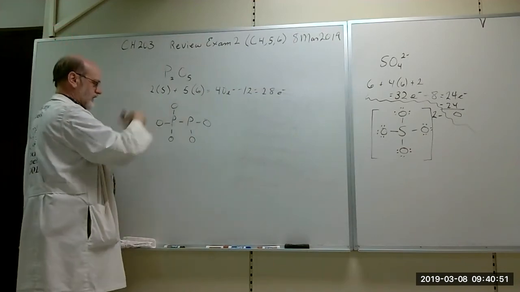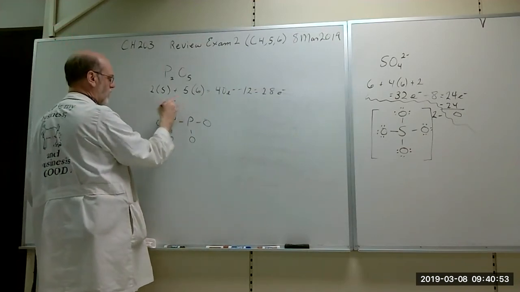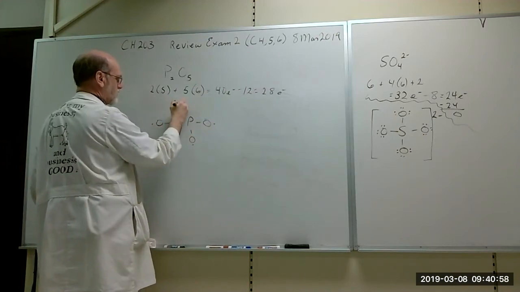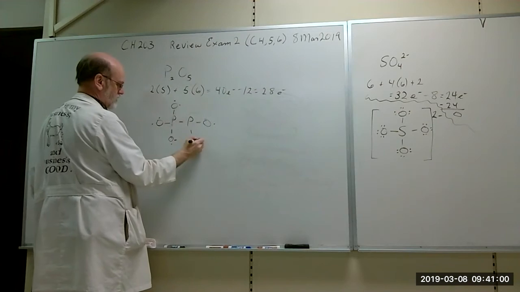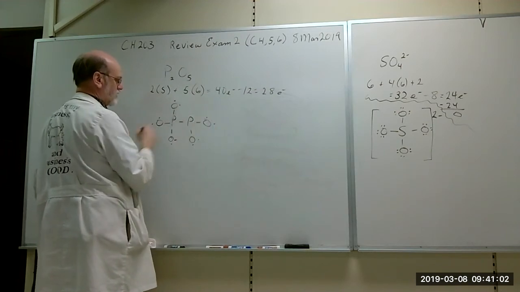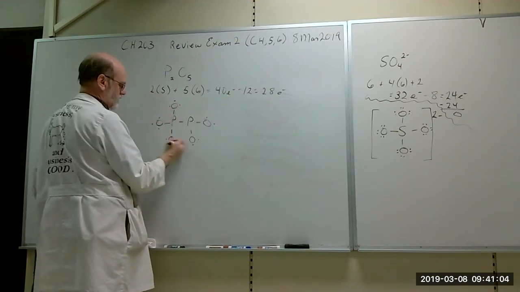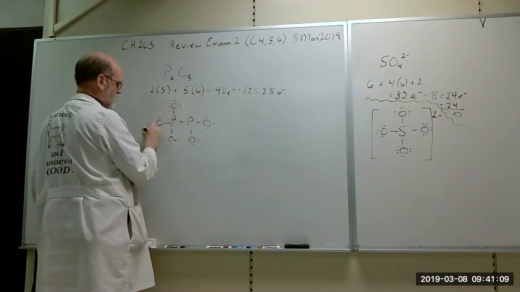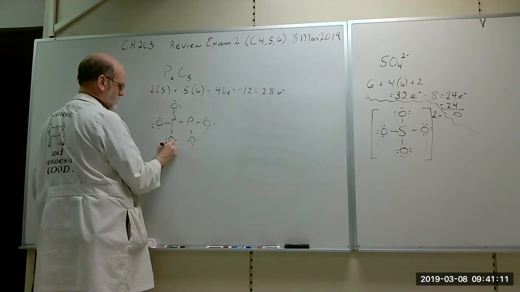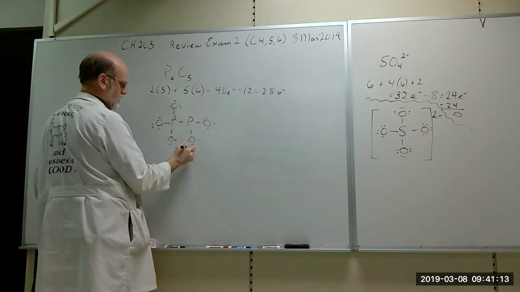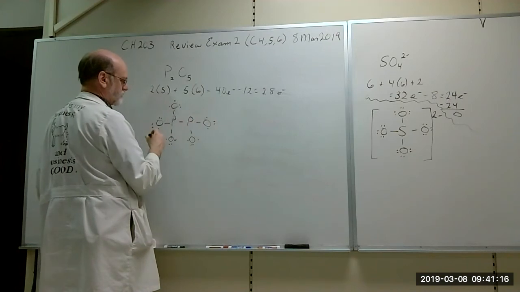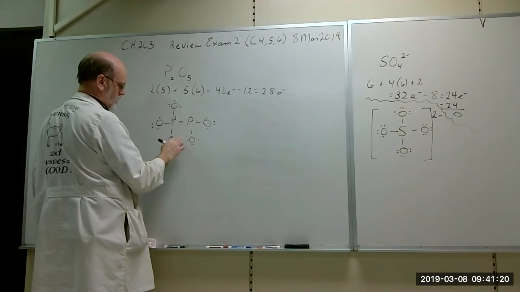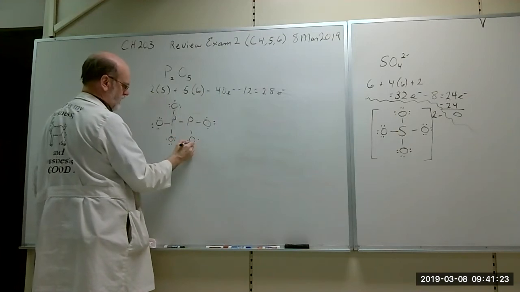Now we start placing the electrons out here. 1, 2, 3, up to 25.